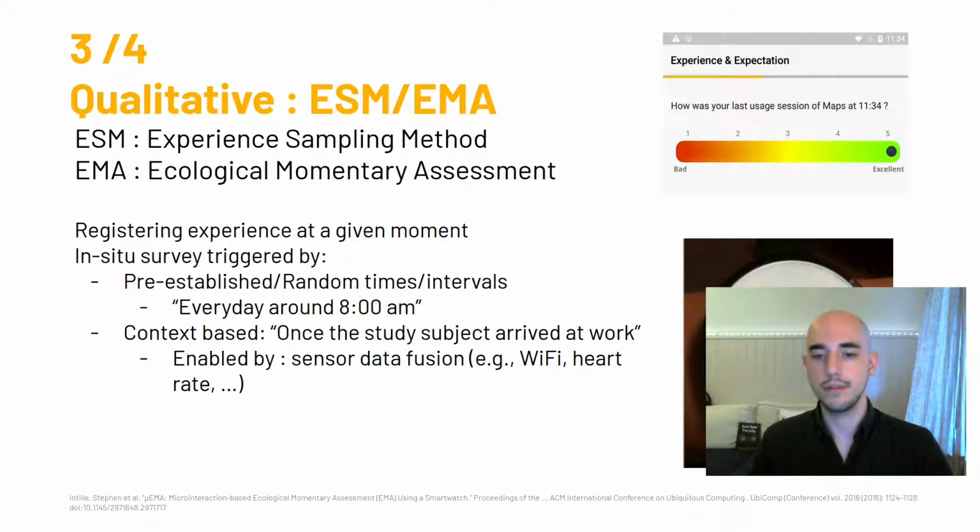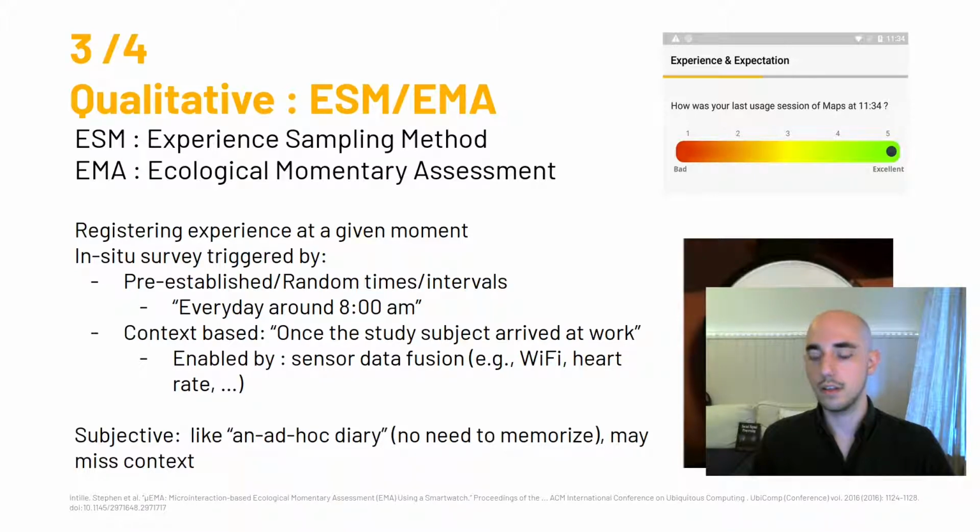From that, we know that the Wi-Fi network named x66 is the Wi-Fi network at work. So we can derive the mobility of the user and trigger this question when the participant arrives at work.